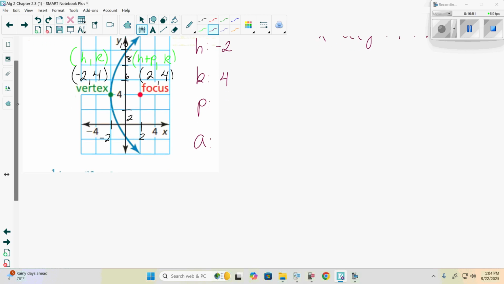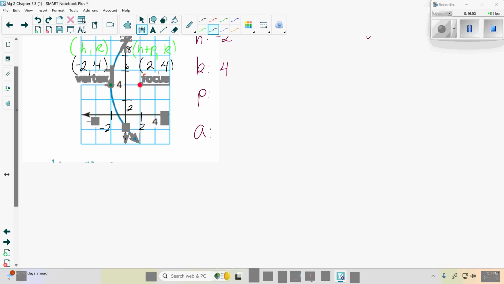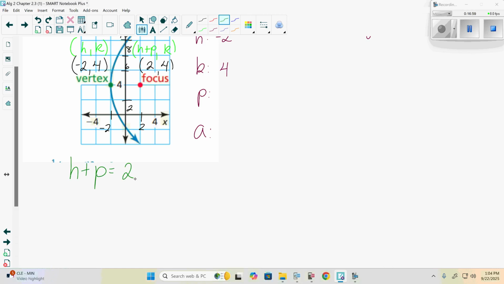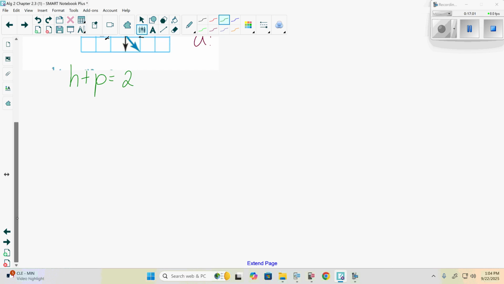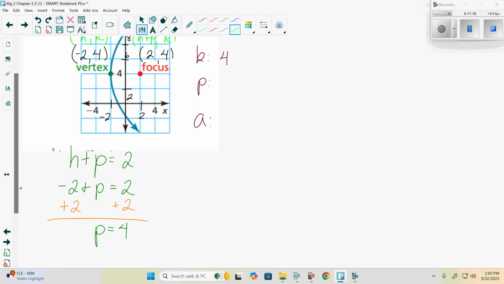If I want to find P, well, I know that H plus P is what? 2. I know the value of H is negative 2. And we're going to what? Add 2 to both sides, telling us P is equal to 4.